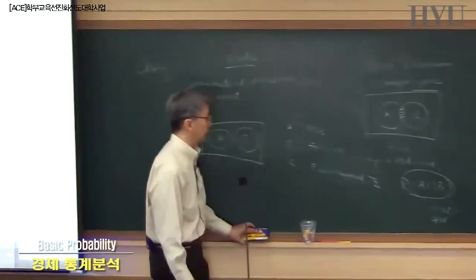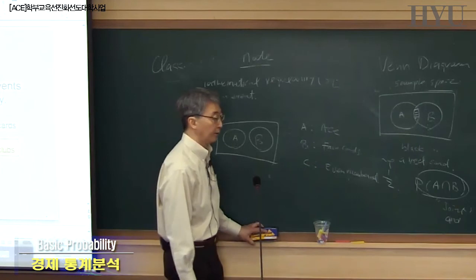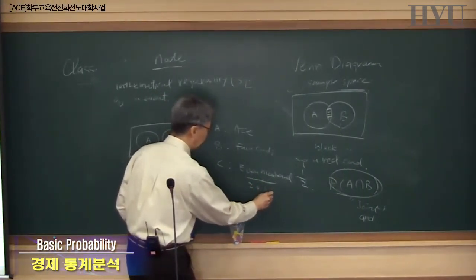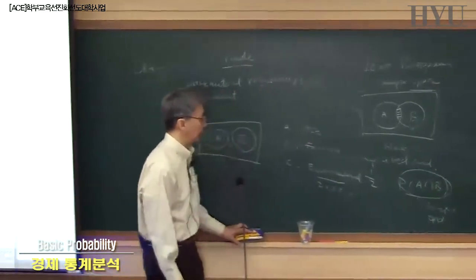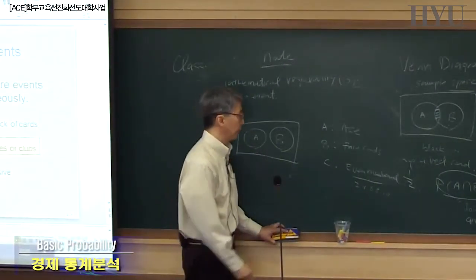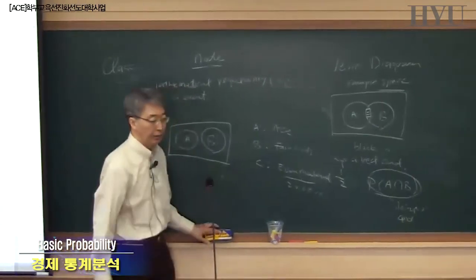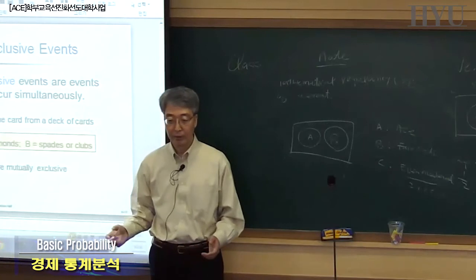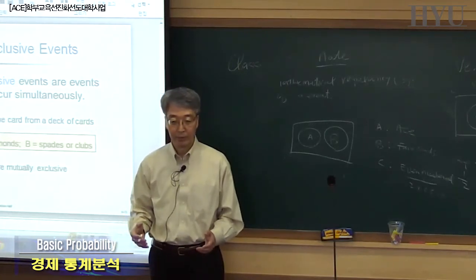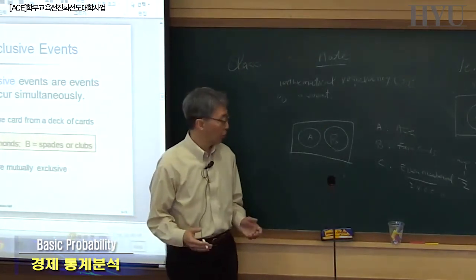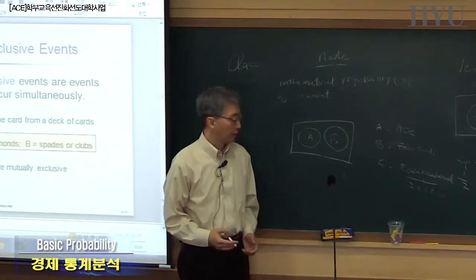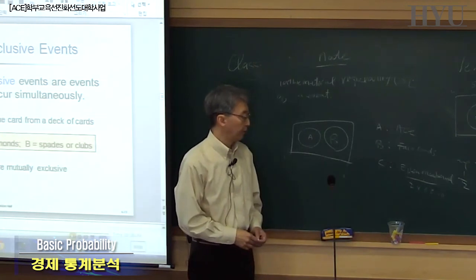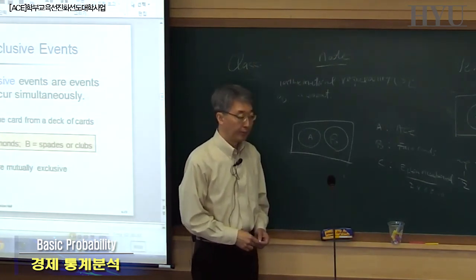Even numbered cards means either 2, 4, 6, 8, 10. So these three events will be mutually exclusive, because they cannot occur at the same time. None of those two events can occur at the same time. There will be absolutely no overlapping portion.